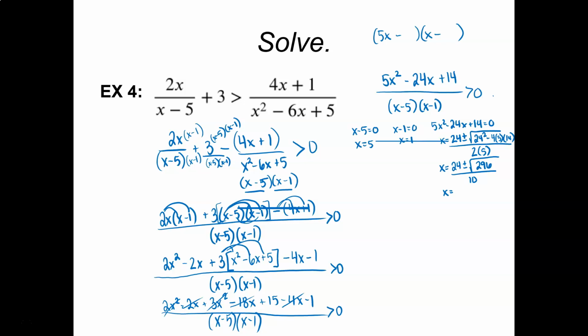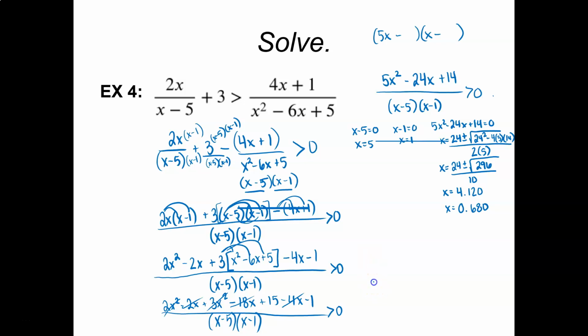So if I do the positive, 24 plus the square root of 296 divided by 10, I get 4.120. And if I do the negative, 24 minus the square root of 296 divided by 10, I get 0.680, if I round those to 3 decimal places.